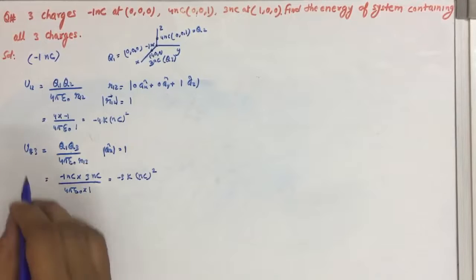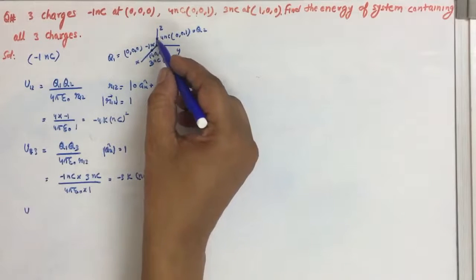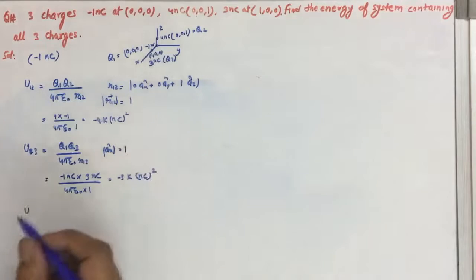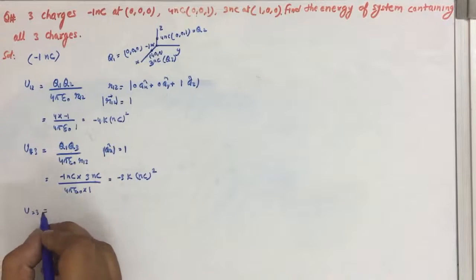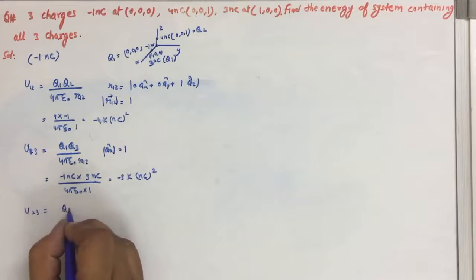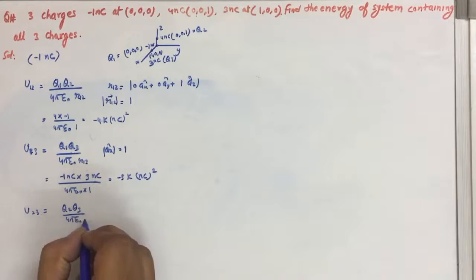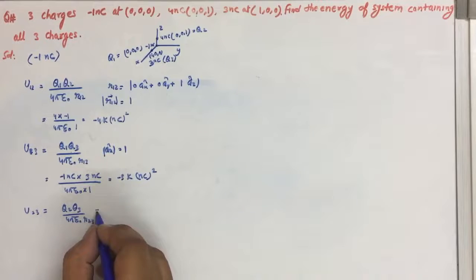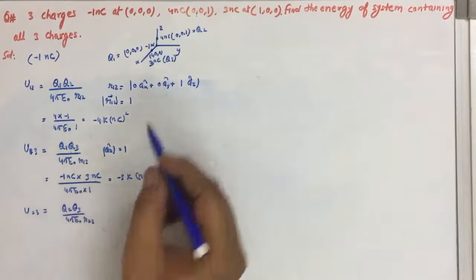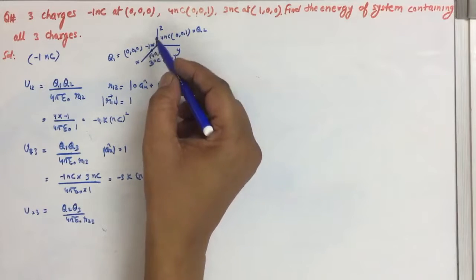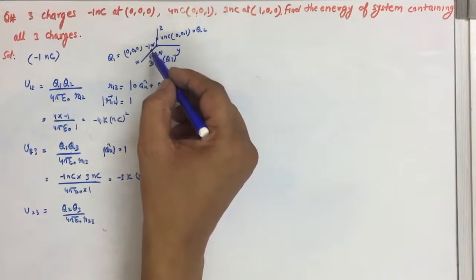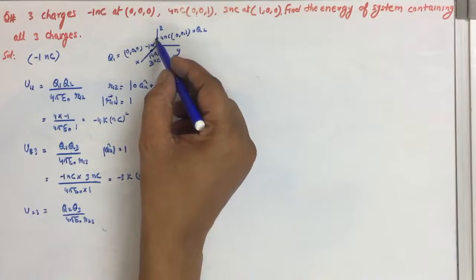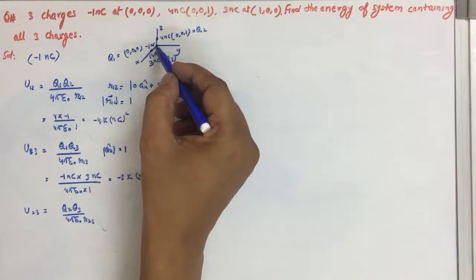Now U12, U13, U23. So U23 will be Q2, Q3 divided by 4 pi epsilon naught R23, and here R23 will be, see this, 1 square plus 1 square, 1 in the direction of x, 1 in the direction of z.